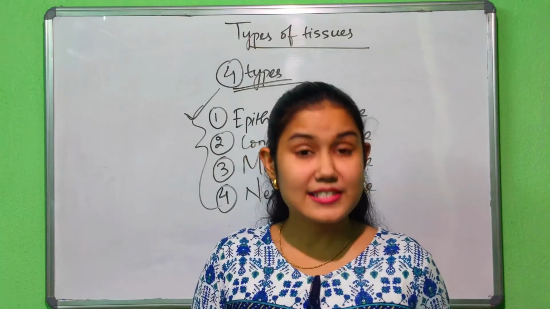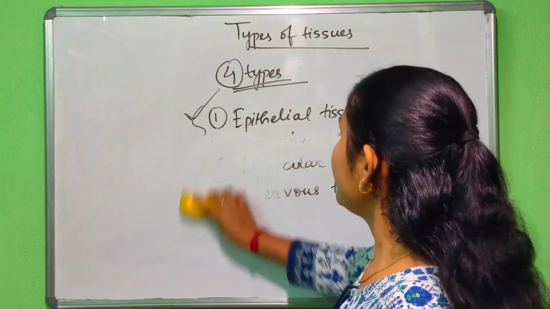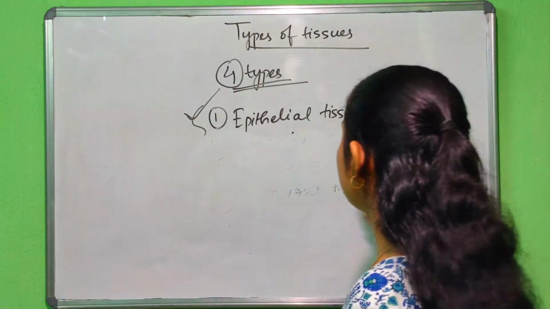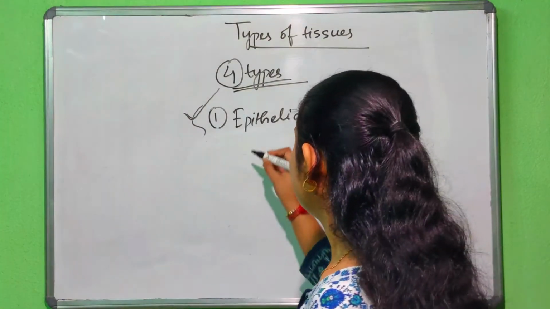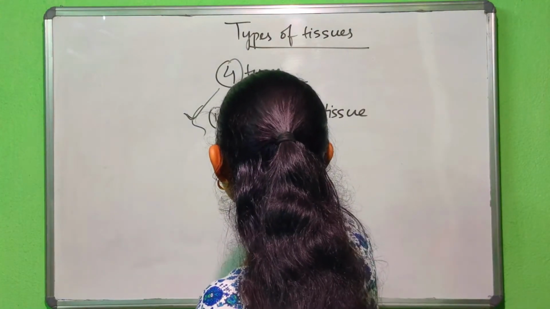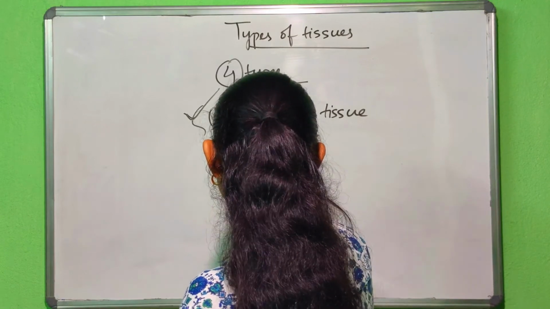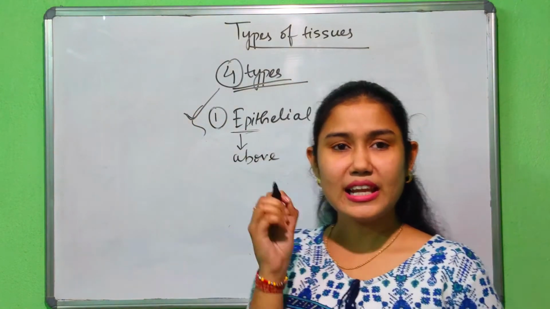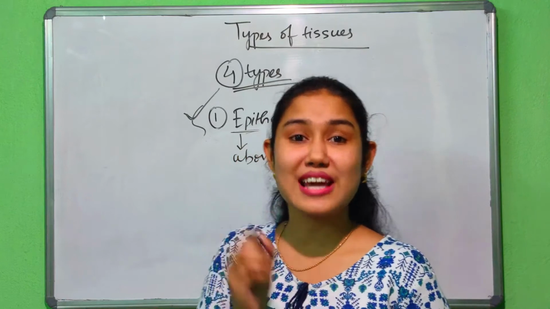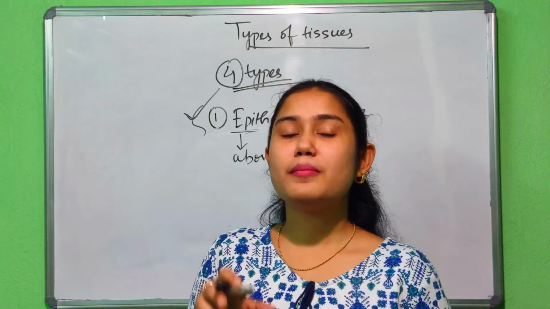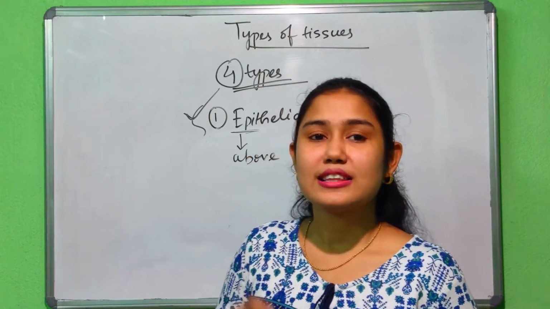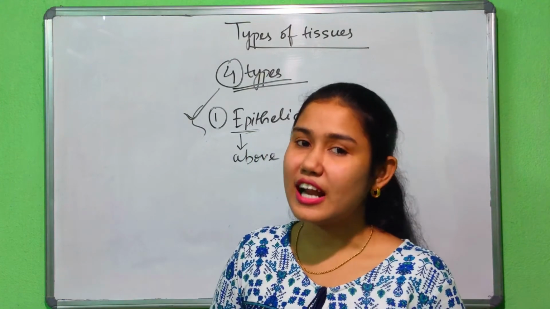So let's start. What do you mean by epithelial tissue? Epi means above. Epithelial tissues constitute cells that form the membrane covering as well as the lining of the body surfaces and glands.